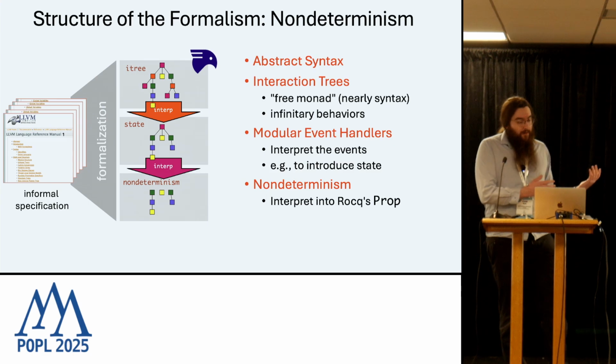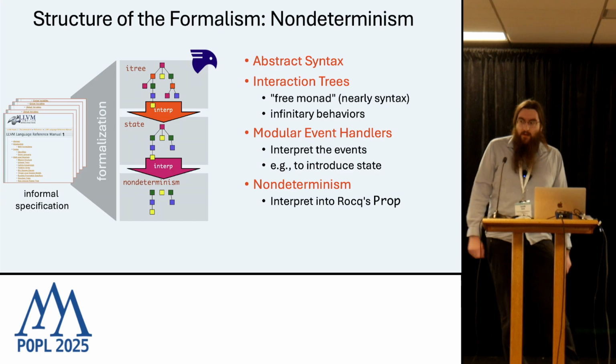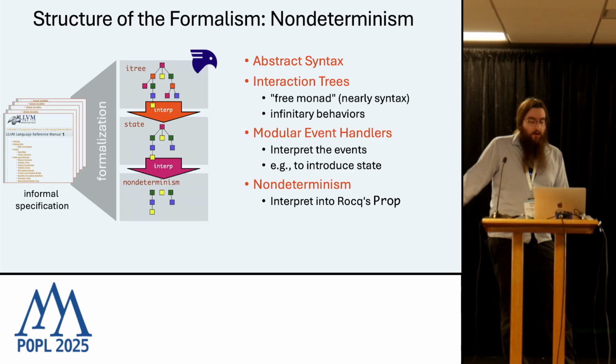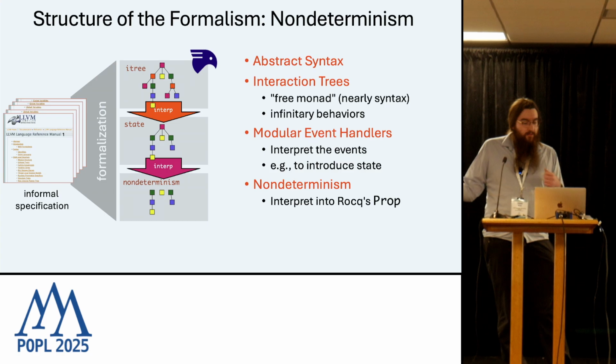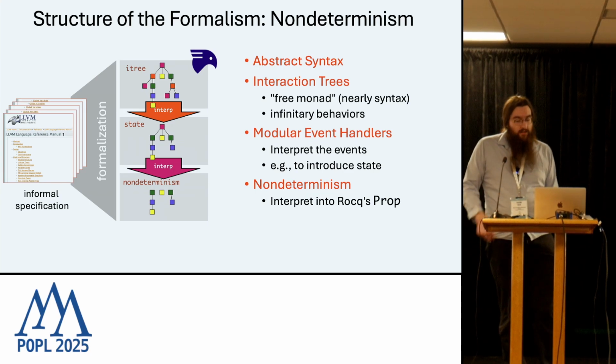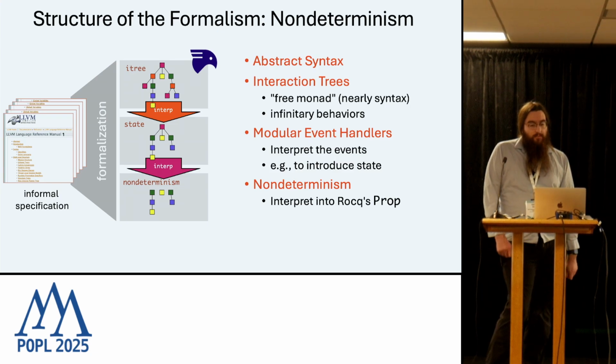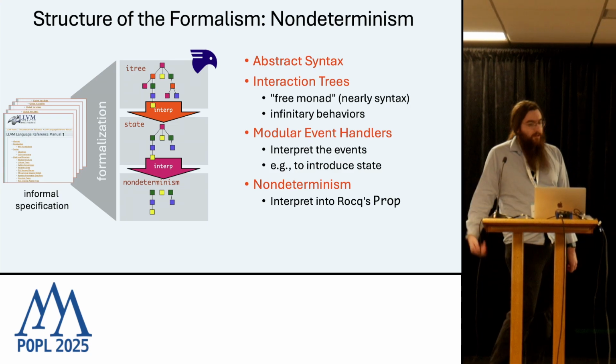Notably, some of our events, like memory allocations and also the handling of undef values, are non-deterministic. When handling non-deterministic events, instead of refining our interaction tree, we get a set of possible interaction trees for each possible non-deterministic choice. In Rocq, we use Prop to represent these sets.